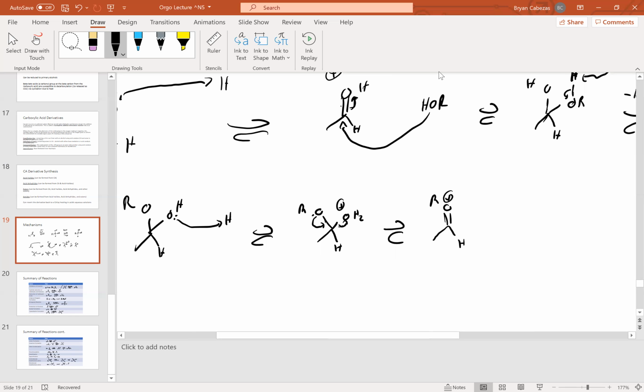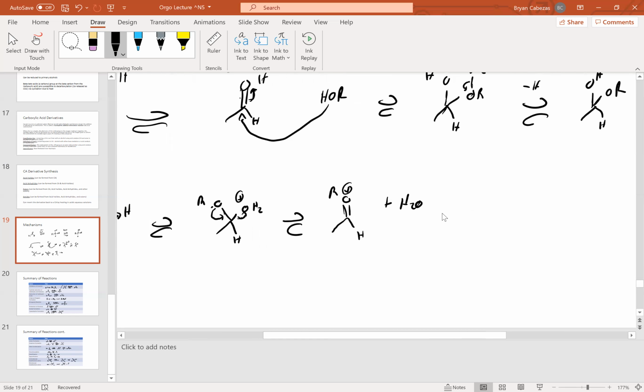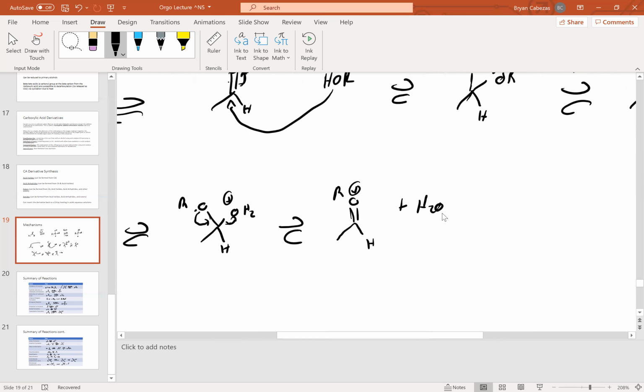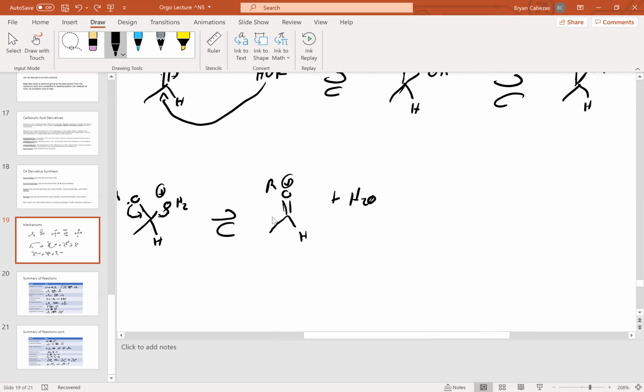This thing now has a positive charge as we have 3 bonds on the oxygen. The water molecule is going to drift off. After this, remember, if we were to move this bond up there, we would make a carbocation over here. So we know that this thing has an electrophilic character on the carbonyl carbon.